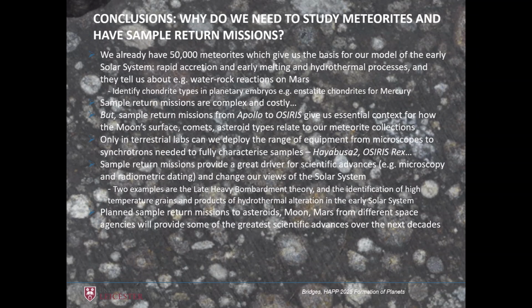Okay, I think that's up to my 30 minutes. So a few things to pick out here, that meteorite analysis is central to our understanding of the formation and evolution of our solar system, feeding a lot of ideas, guiding the nebula models, runaway growth models, etc. They've also spurred on sample return missions.